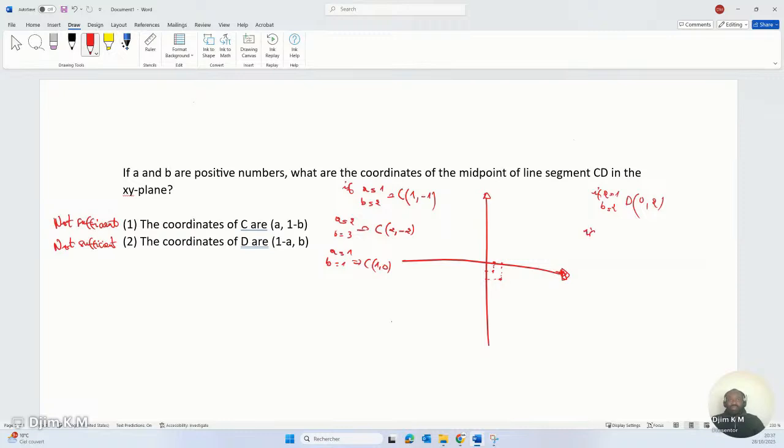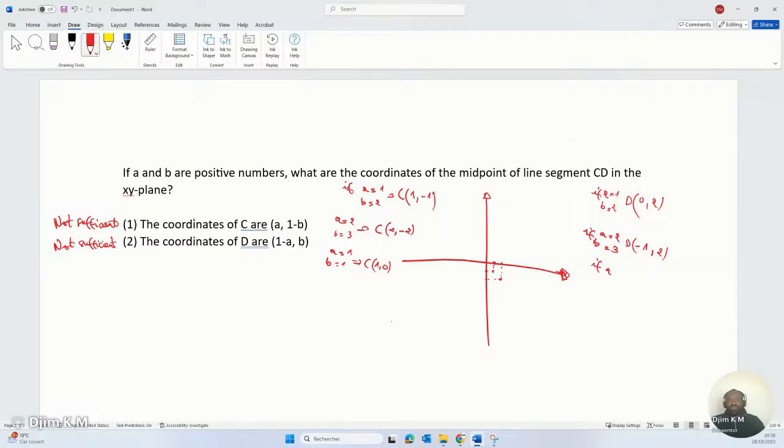And if A is equal to 2 and B is 3, we will get minus 1, 2.